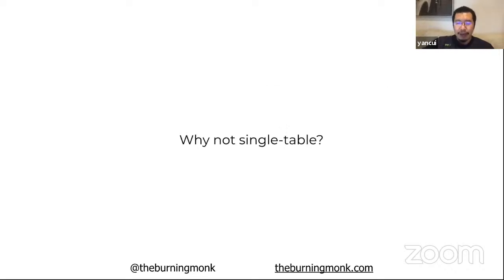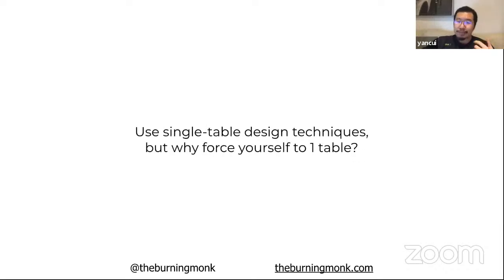And so you may have also noticed that even in the examples I've shown so far, I've got quite a few DB tables. At this point, I probably have about 15 different tables, to be precise. If you've been following what's happening in the DB space, you may have heard about this whole single table design thing and wondered why I didn't condense a lot of these tables into a single table.